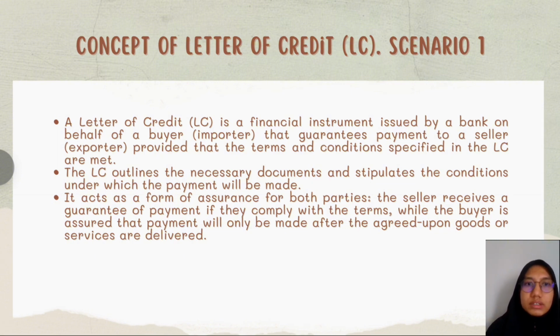The LC outlines the necessary documents and stipulates the conditions under which payment will be made. It acts as a form of insurance for both parties. The seller receives a guarantee of payment if they comply with the terms, while the buyer is ensured that payment will only be made after the agreed goods are delivered.